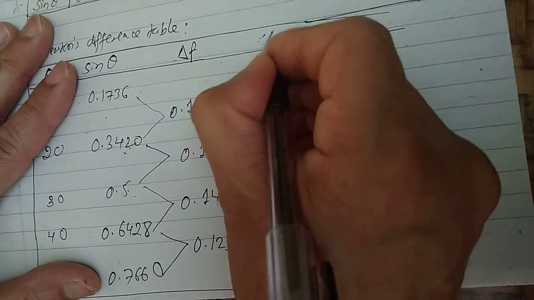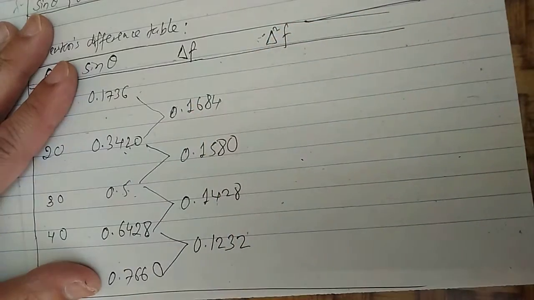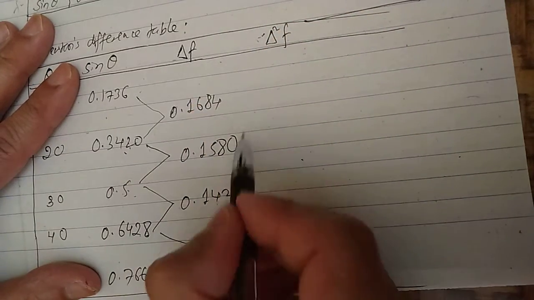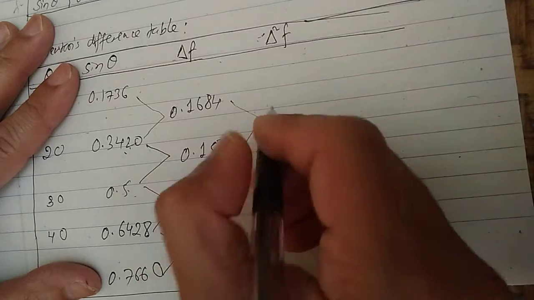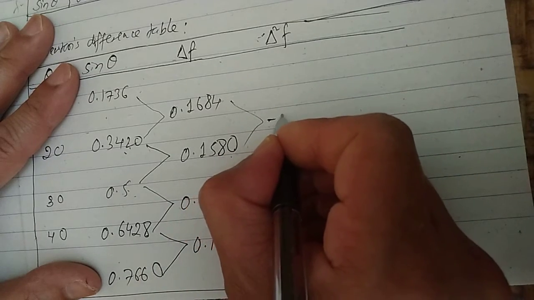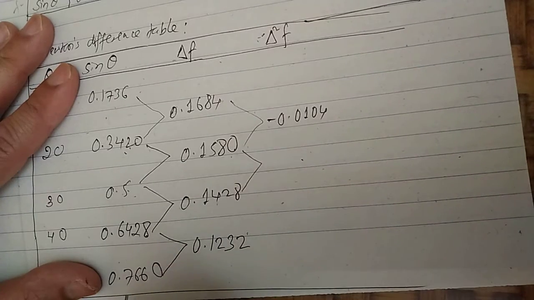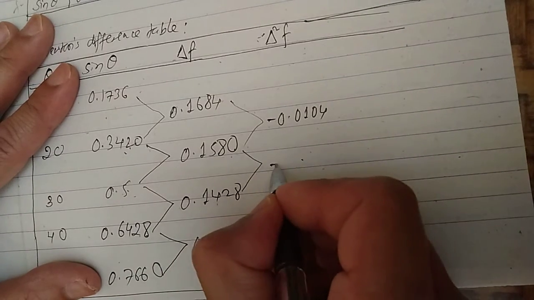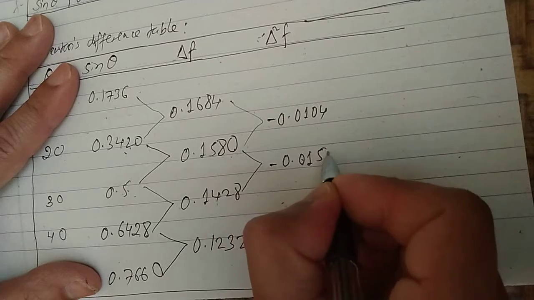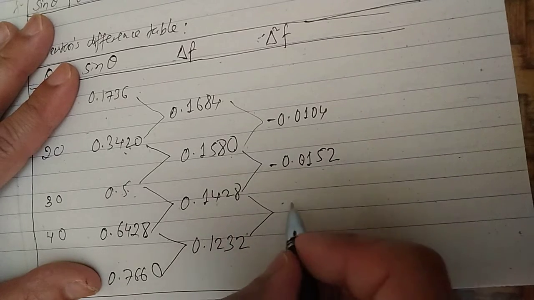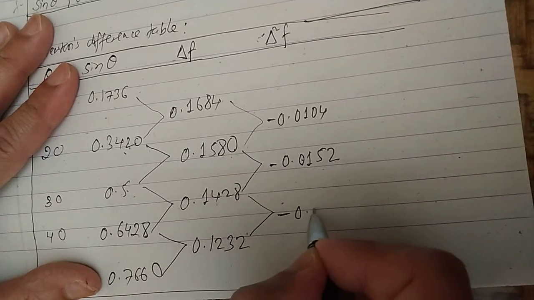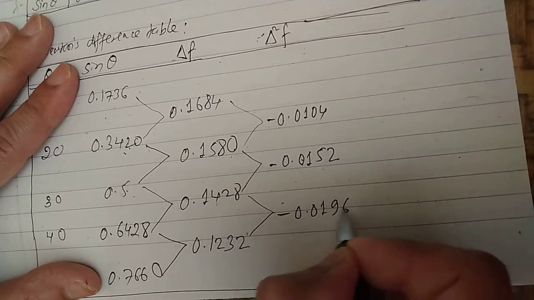Now we will write down delta square f, the difference of these two, this minus this: minus 0.0104, again over here minus 0.0152, minus 0.0196.